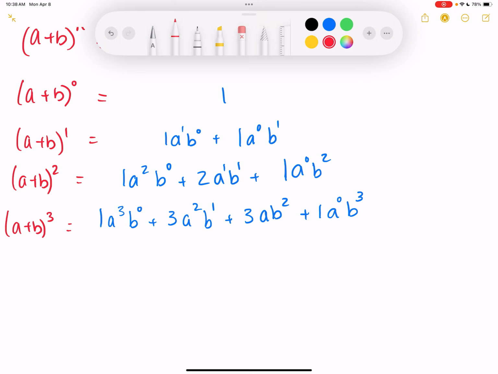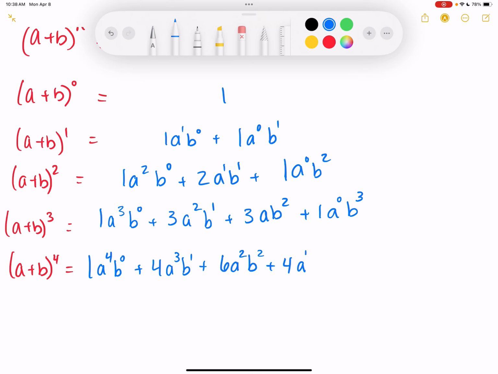But anyways, a plus b to the fourth, we would have 1, a to the fourth, b to the 0, plus 4, a cubed, b to the first, plus 6, a squared, b squared, plus 4, a to the first, b cubed, plus 1, a to the 0, b to the fourth.